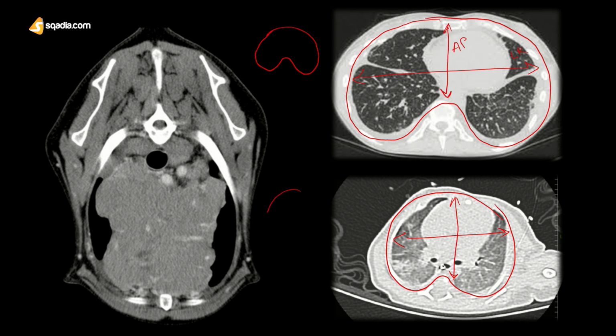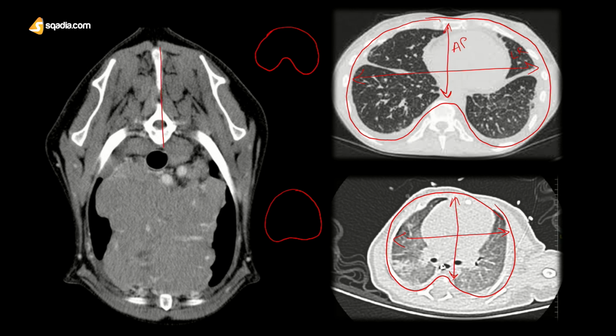Now, when we look at the transverse section of quadrupeds, quadrupeds means those animals that walk on four legs. These animals' transverse section is shaped like an oval.